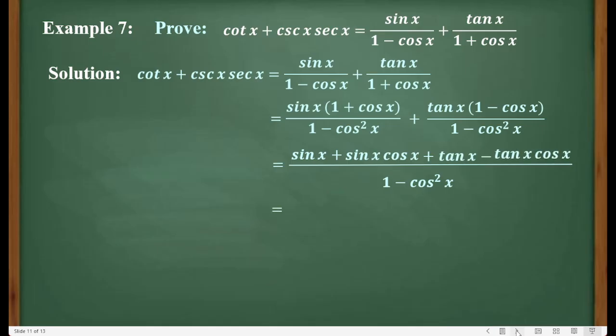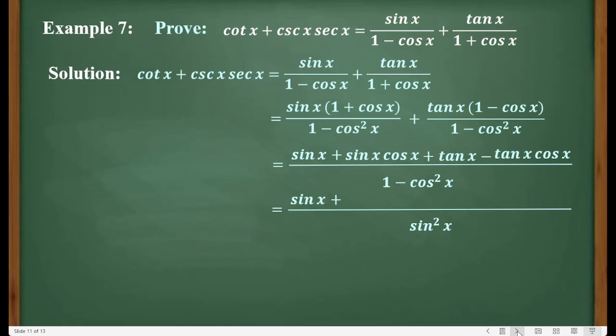This is the result. Then 1 minus cosine squared of x is now replaced by sine squared of x. So basically, we apply the Pythagorean identity to replace 1 minus cosine squared of x by sine squared of x.